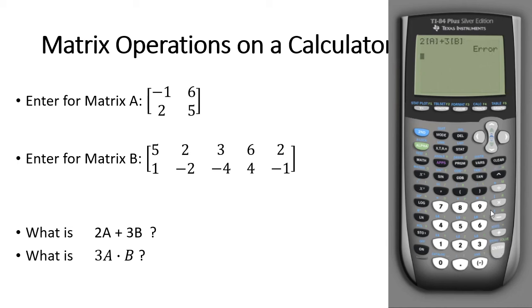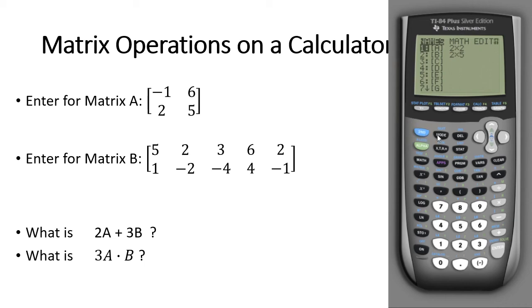All right, so now let's actually stop messing around. Let's say 3 times matrix A times matrix B. So we have scalar multiplication of matrix A, which is a 2 by 2, and then we're going to multiply that product by matrix B, which is a 2 by 5. Because those inner dimensions, the columns in matrix A and the rows in matrix B, are equal, right? This 2 and this 2 are equal. That means we can do this multiplication.